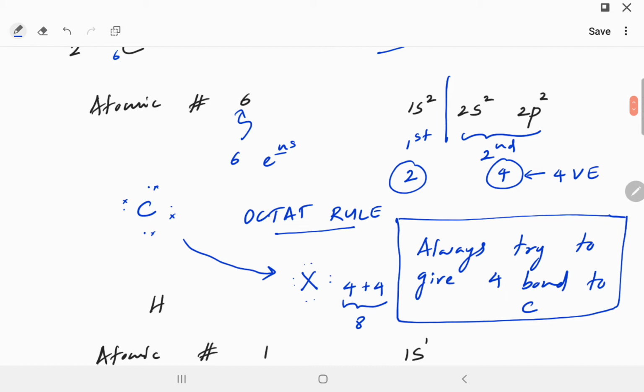Carbon will almost always try to achieve 4 bonds. There are a couple of exceptions, of course, but 99% of the time, carbon will try to obtain 4 bonds. That is important to remember.